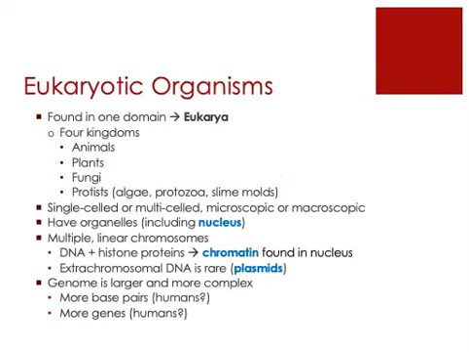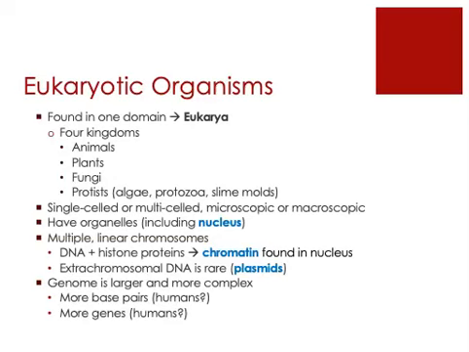So eukarya, the domain eukarya, is where we find eukaryotic organisms. And remember, we said the eukaryotic domain is more complex than either the bacteria or the archaea. And by complex, I mean there is a much greater diversity in the structure of the organisms that you find in the eukarya domain.